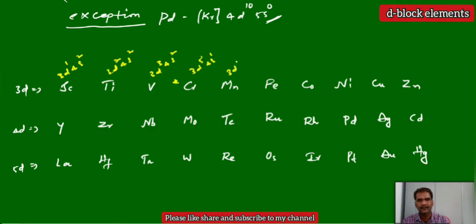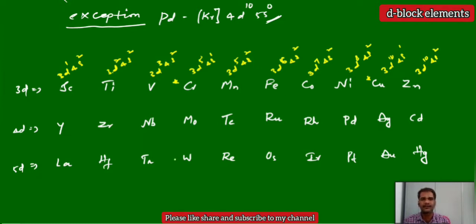Manganese again has the regular configuration 3d5 4s2, iron 3d6 4s2, cobalt 3d7 4s2, nickel 3d8 4s2. Again we have an exception with copper, 3d10 4s1, and zinc 3d10 4s2. These are the valence shell d and s electronic configurations.